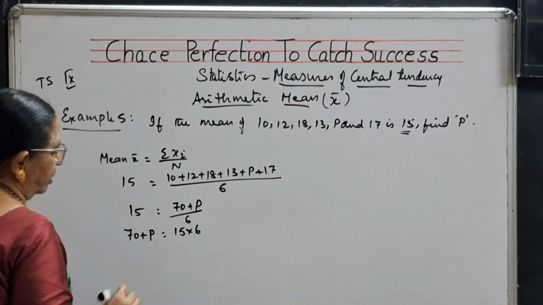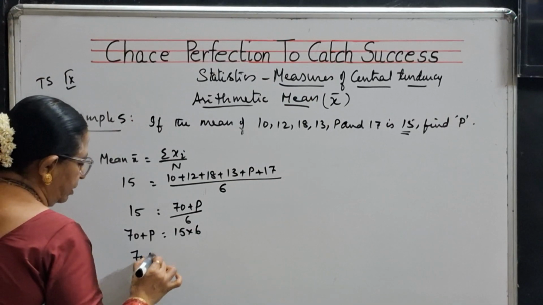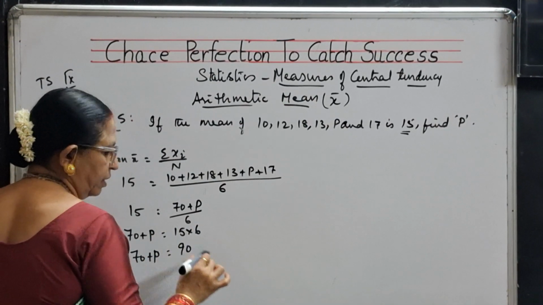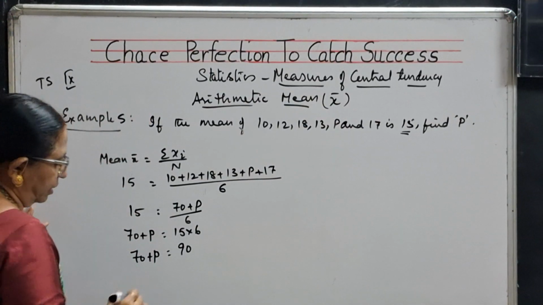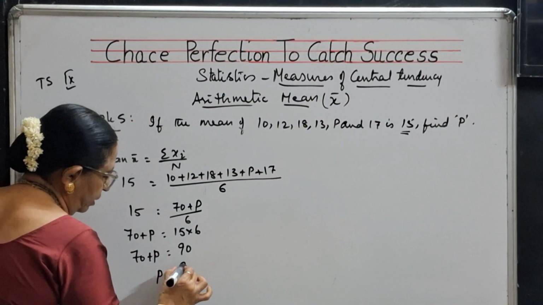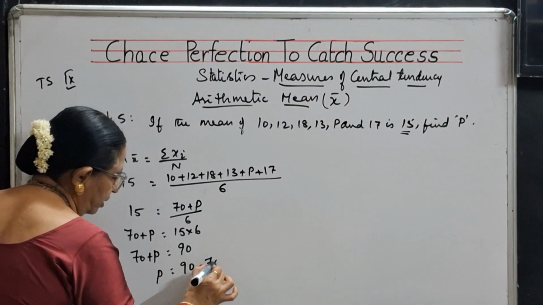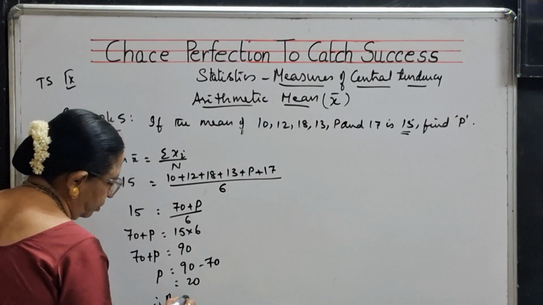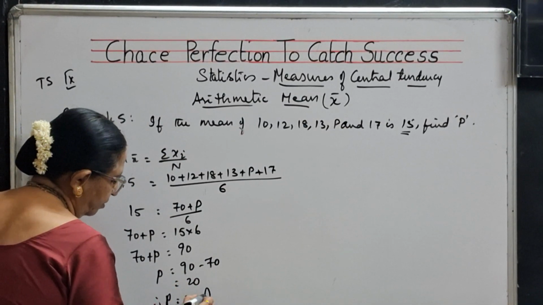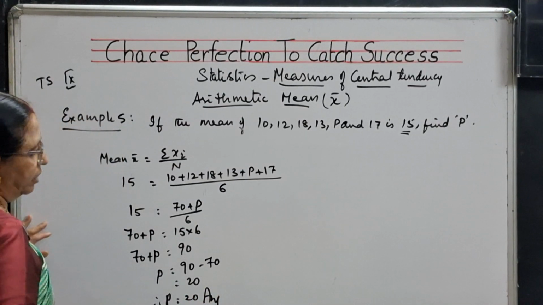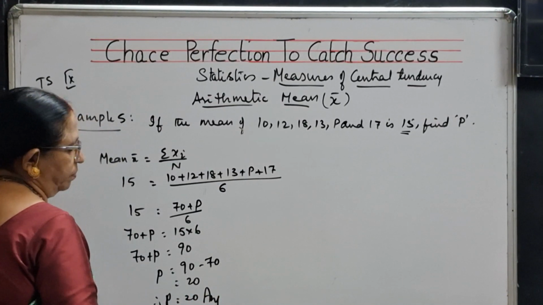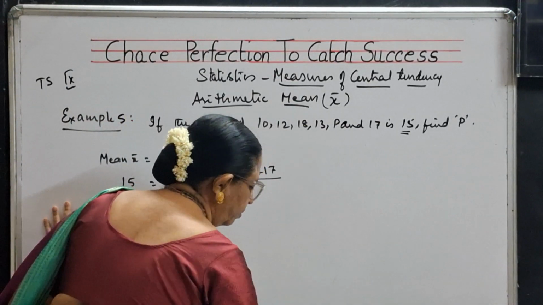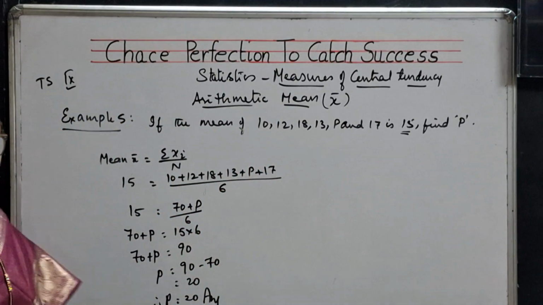When this 6 goes there, 70 plus P is equal to how much? 90. 15 6s are 90. So what is P? P is 90 minus 70. That is 20. Therefore, P is equal to 20 is the answer, children. This is how you can find out value of P by using this formula. Please note it down. This is example 5.